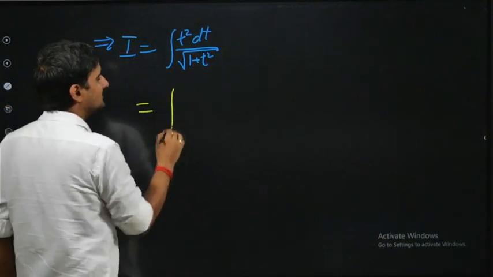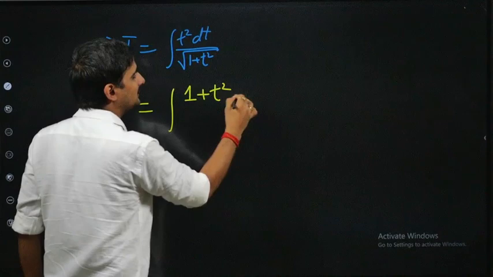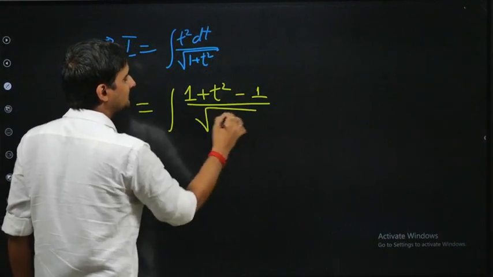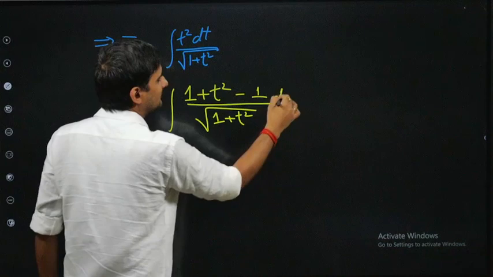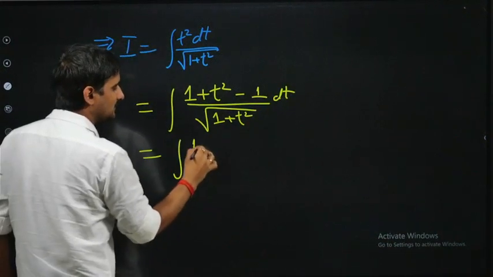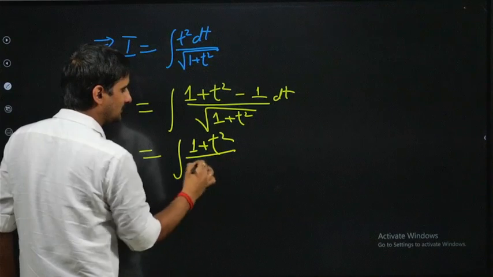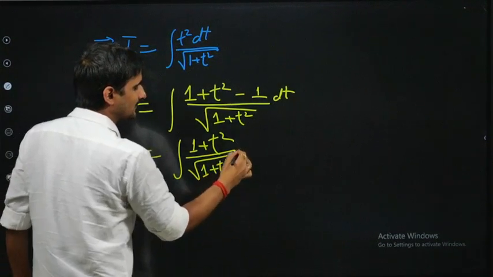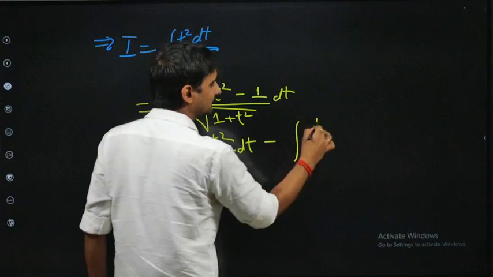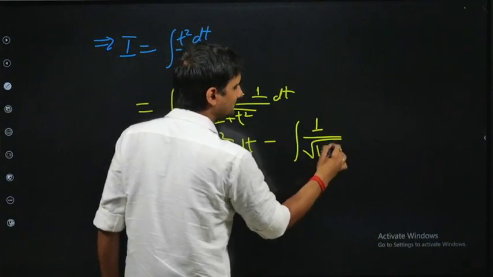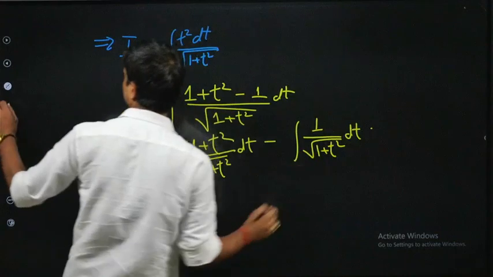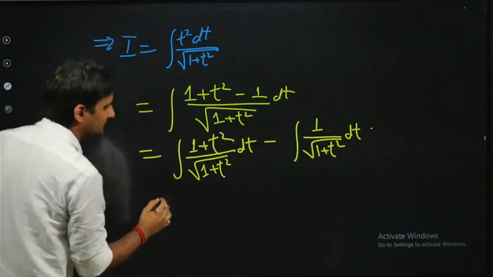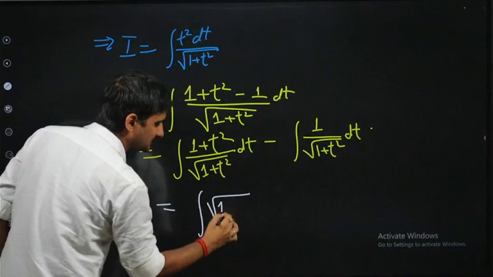Everyone knows you will add 1 in the numerator and subtract 1 to balance it. Now you break it into two integrals: 1 plus t square over under root of 1 plus t square with respect to t, and minus 1 upon under root of 1 plus t square with respect to t. And then you have your standard integrals, as I said.